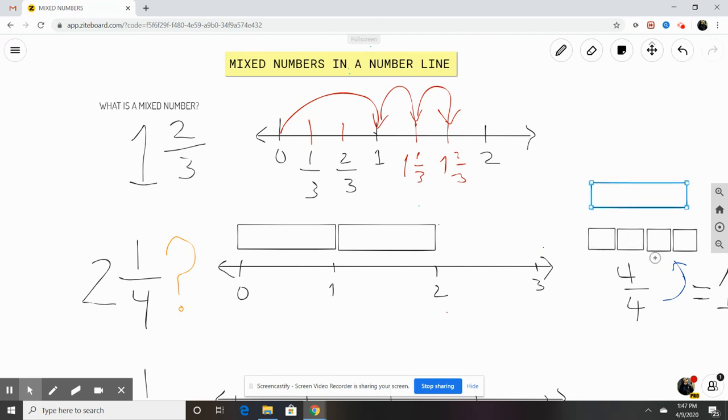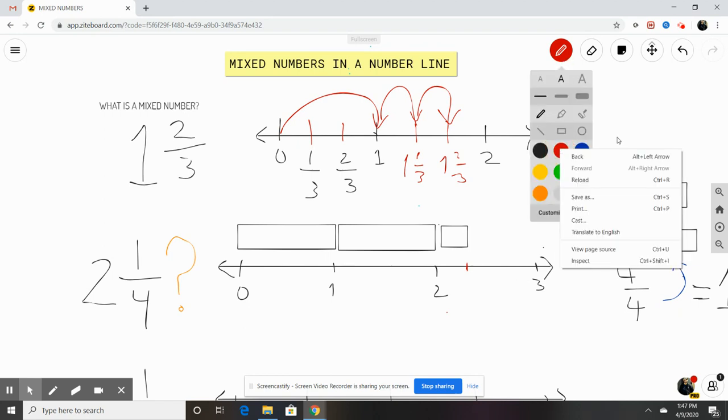When I have 4/4, I have a whole, but I only need one of these fourths. So I'm going to move it here, and that would be two wholes and 1/4. That's another way to show you that in the number line, that red point right there will represent two wholes and 1/4.